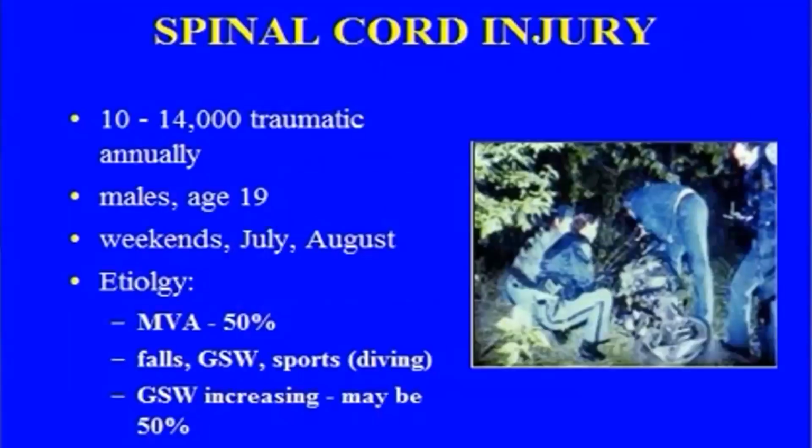Spinal cord injury. 10 to 14,000 traumatic cases occur annually in the United States. It's more common in males aged 19, and we found that it's more common on weekends because they drink alcohol, and more common during the July-August months.